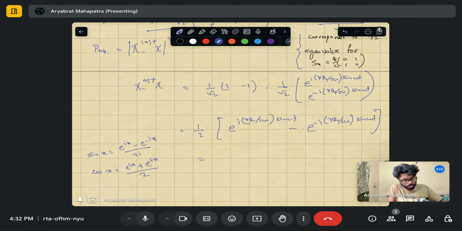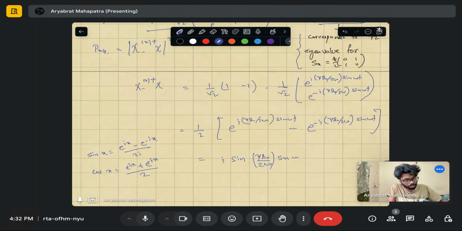Now using the earlier form, I have sine of gamma b naught over 2 omega sine omega t.